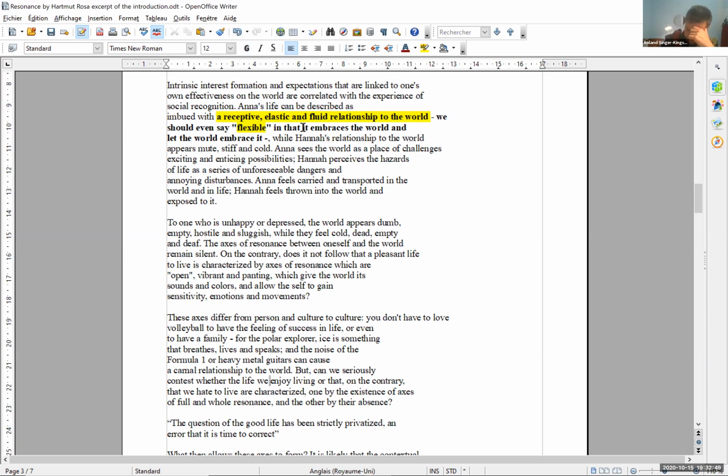It doesn't necessarily mean intrinsic though, does it? You might have that fluid relationship with the world if it was extrinsic. But I think what this person's getting at is that you don't. Well, intrinsic doesn't mean that there is no externality.